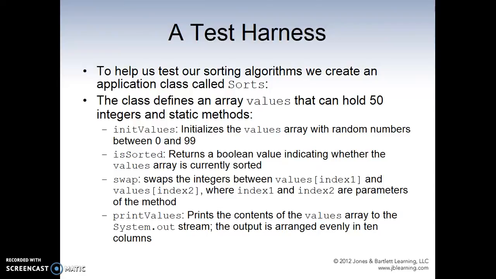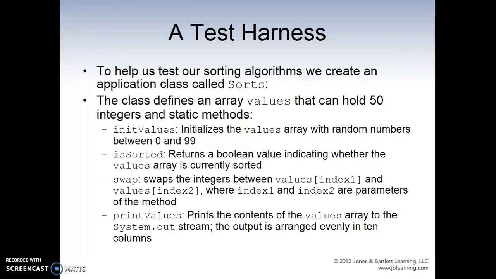To help us test our sorting algorithms, we create an application called Sorts. The class defines an array, values, that can hold 50 integers, and static methods: initValues to initialize the values of an array with random numbers between 0 and 99, and isSorted, which returns a Boolean value indicating whether the values array is currently sorted.